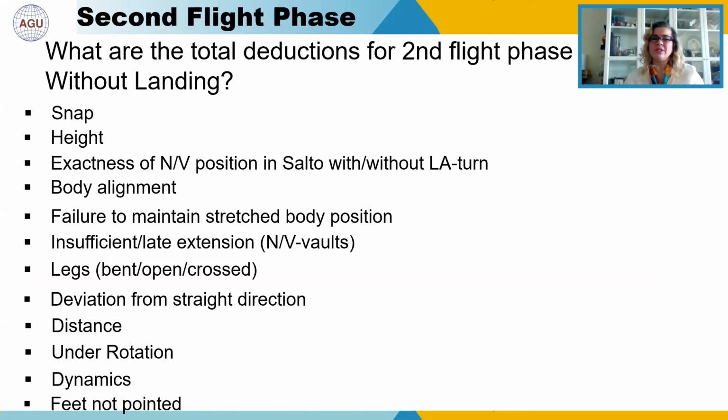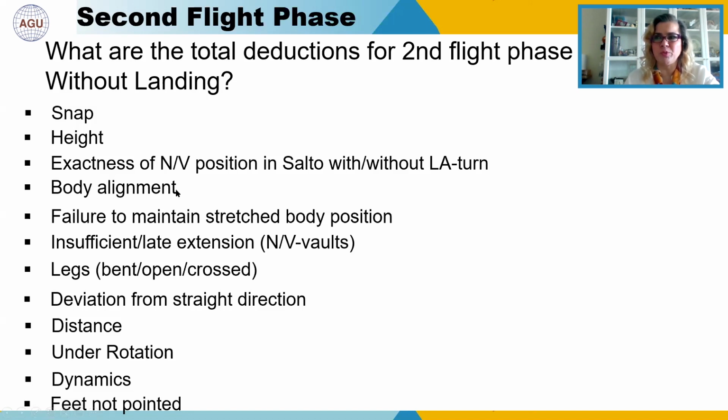Now, if I have to summarize the E deductions for the second flight phase, we have to consider the snaps, which is maximum 0.3, the height, which is maximum 0.5, the exactness of tuck or pike positions in salto with or without turn. And remember here, without turn, it's maximum 0.3, and with turn only 0.1 maximum, as we saw before in the presentation and the videos.